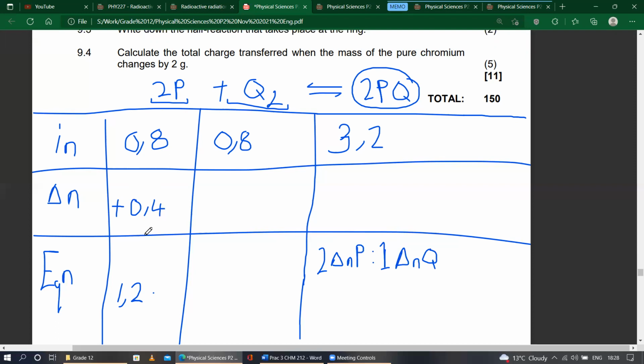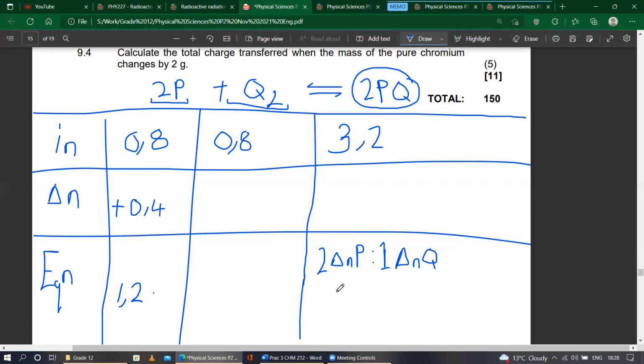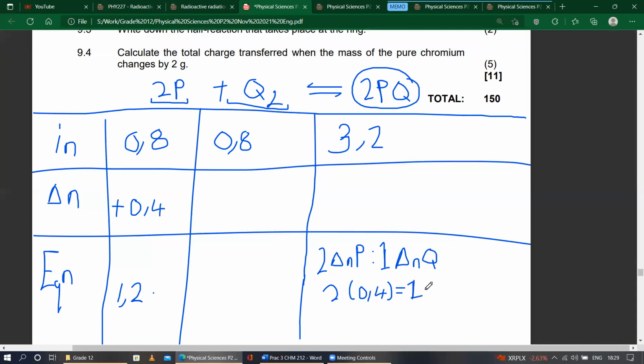So we know the change in number of moles of P, that's 2 into 0.4. So that's gonna give us the change in number of moles of Q, which is, let's just call it X for now. So our X is gonna be 0.8. Does that make sense?